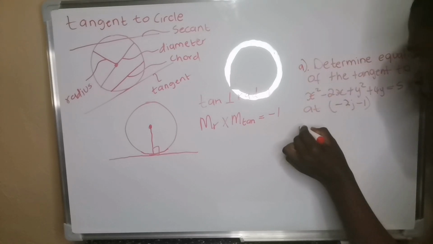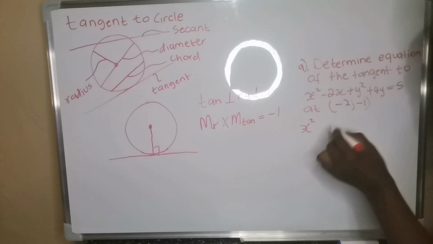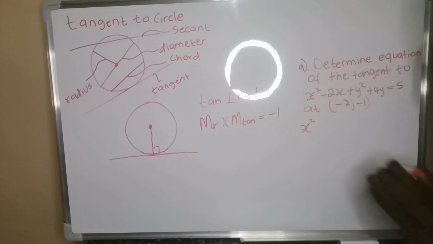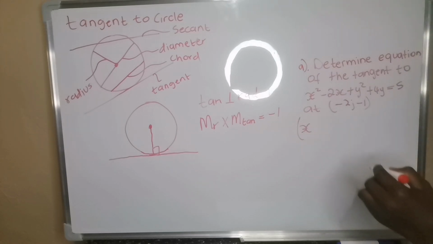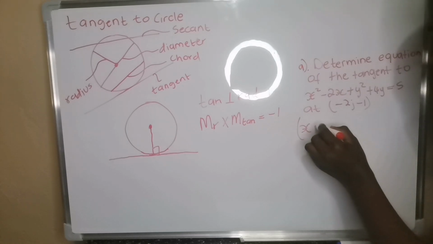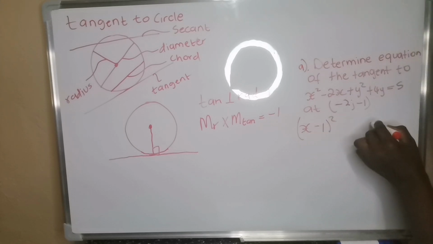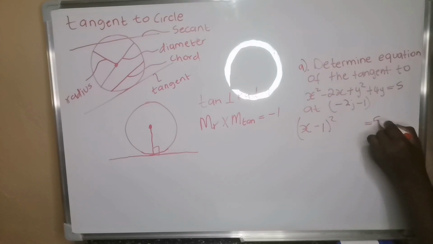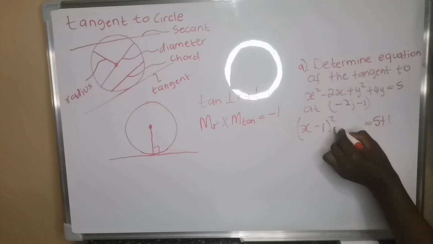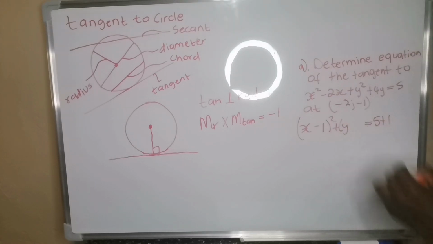So we have x squared. What is the half of -2? -2 divided by 2 is -1, squared, +1. 5 plus 1. Plus y.